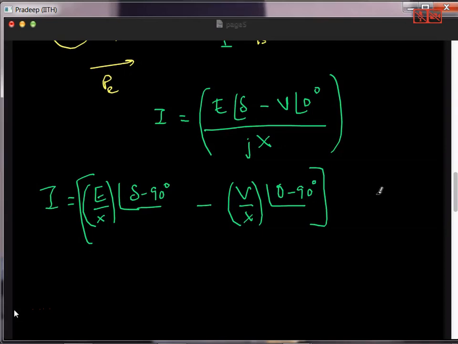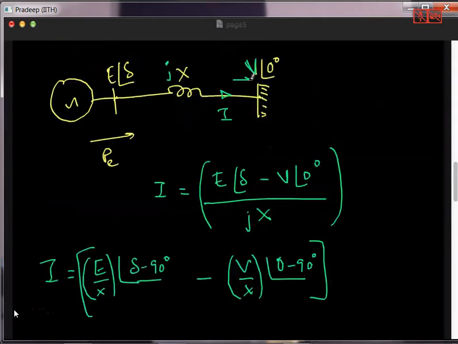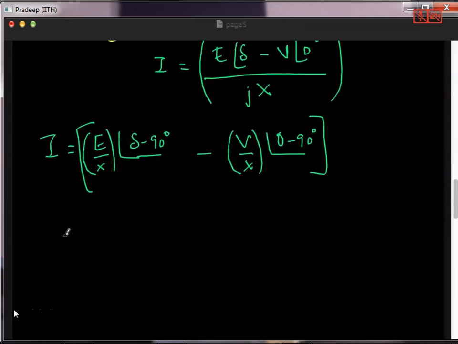Now, what is the active power being output of this? What is the active power that is being fed into the grid here? Active power is nothing but terminal voltage into current, so V angle 0 degrees into I conjugate.